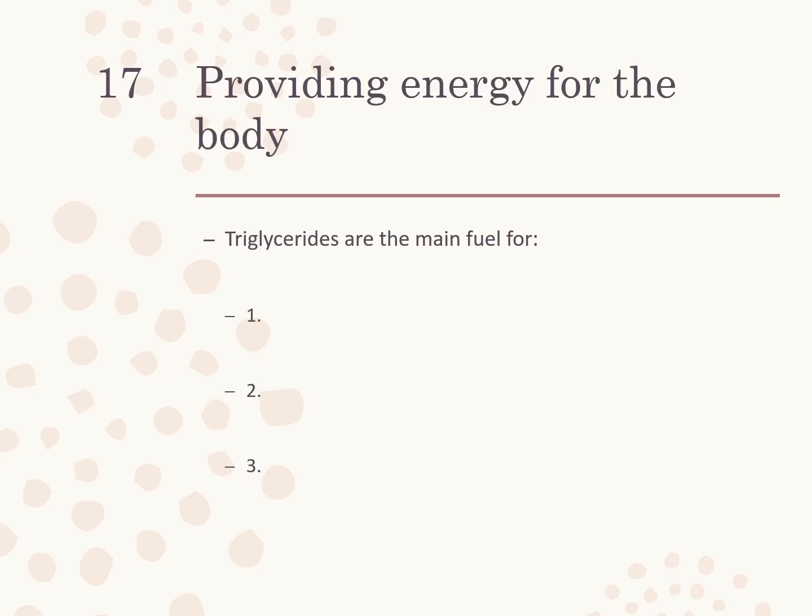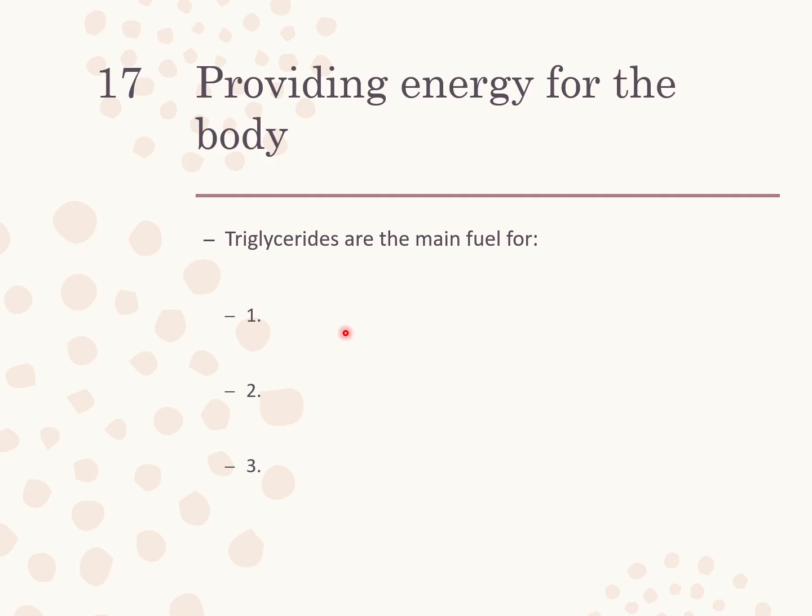Okay. So when we think about providing energy for the body, triglycerides are our main fuel source in 3 different scenarios. Number 1, they're our main fuel source for the muscles while we're at rest. So approximately 60% of our total metabolism while at rest is coming from fats.